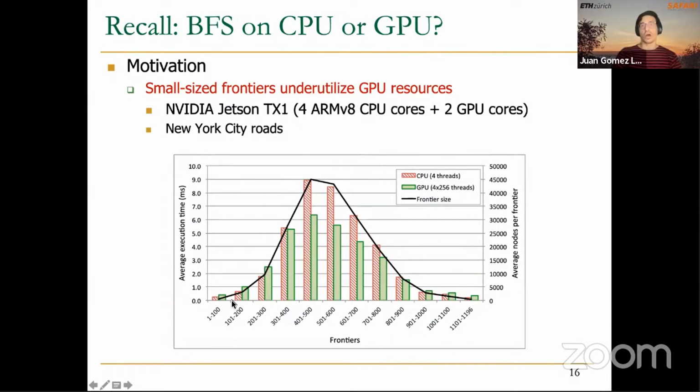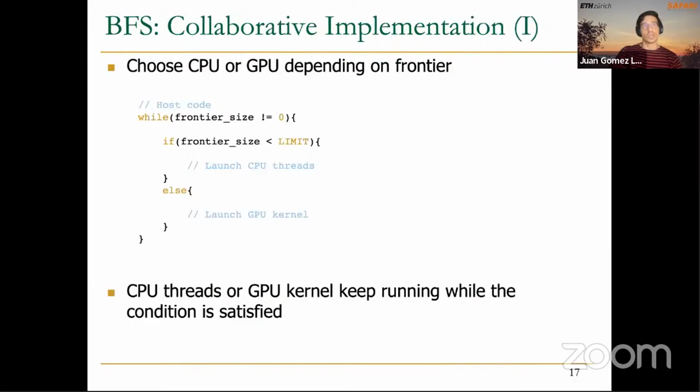And due to that, we said that a good fit here could be to have a collaborative implementation in order to avoid the small-size frontiers underutilizing GPU resources. And essentially the idea is, in our host code, we will have something like this. We're going to have a while loop that is checking what's the frontier size at the end of every iteration.